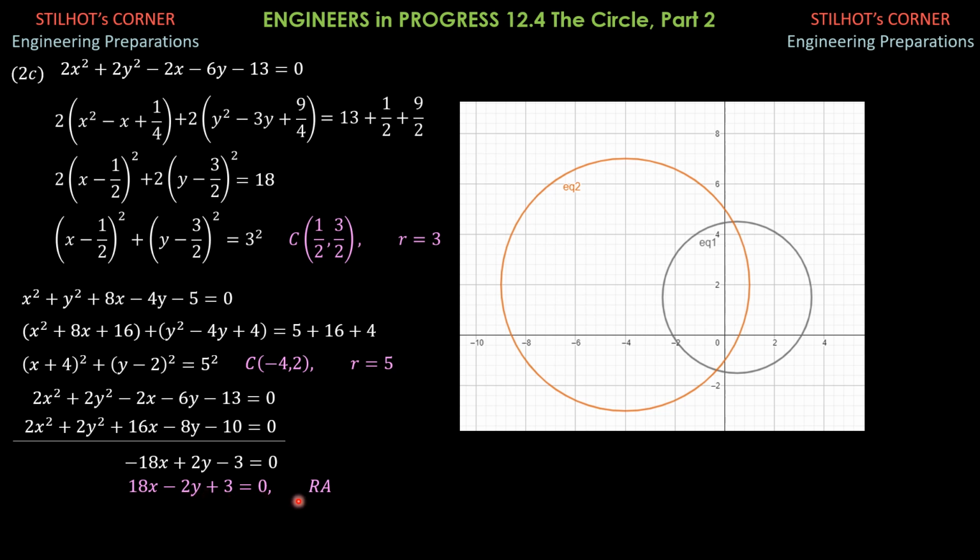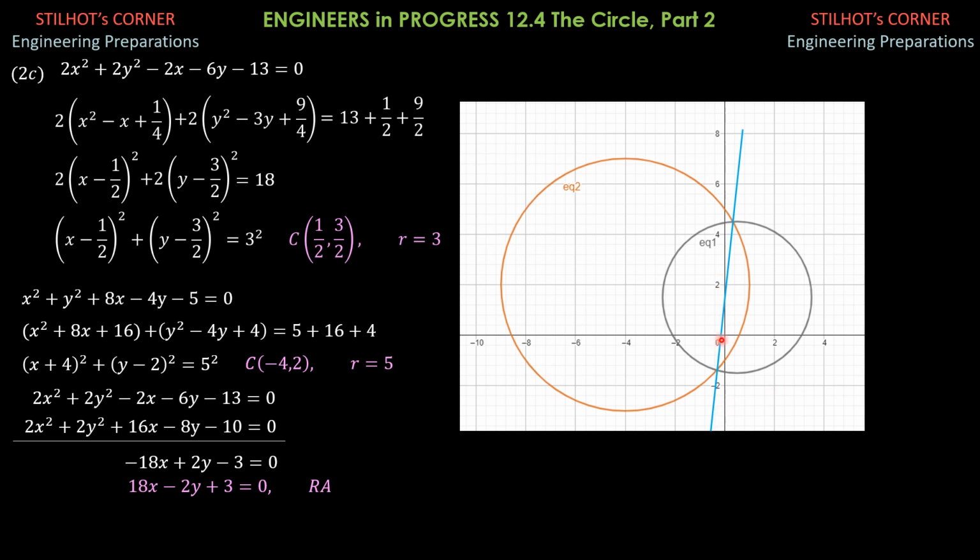If we compute the intercepts, when x is 0, y is 3 halves, so it should pass through this point here. When y is 0, x is negative 1/6, so somewhere here. The radical axis passes through the points of intersection of these two circles. So this is the line.